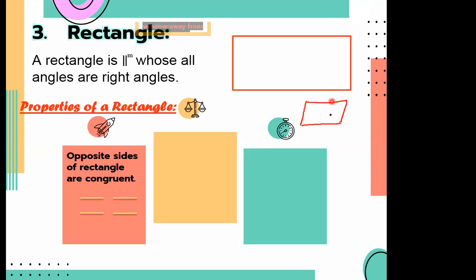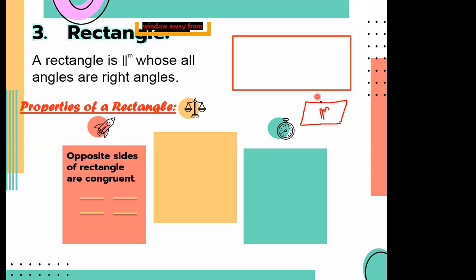This is a parallelogram. I am drawing the symbol of parallelogram here. This is a parallelogram and this is a rectangle. What is the similarity and dissimilarity between these two different kinds of quadrilateral?